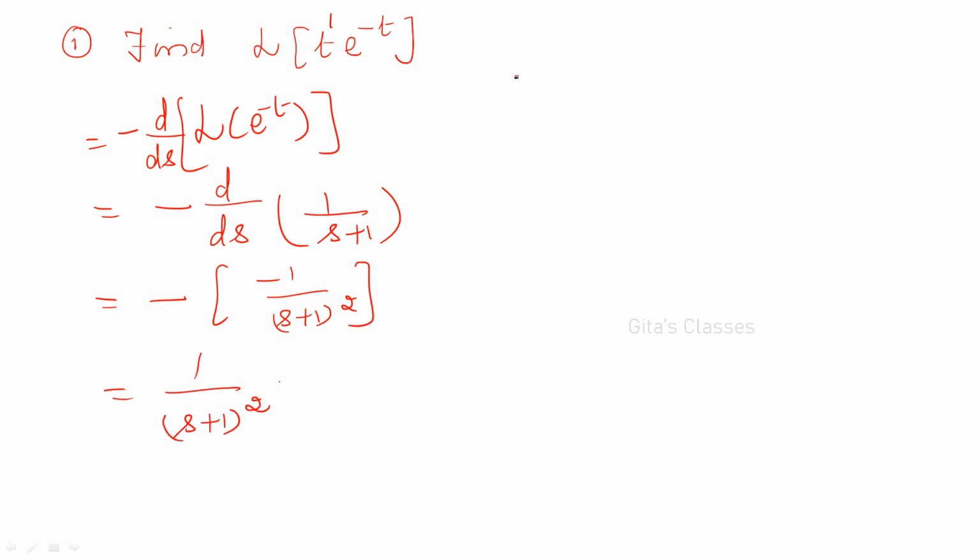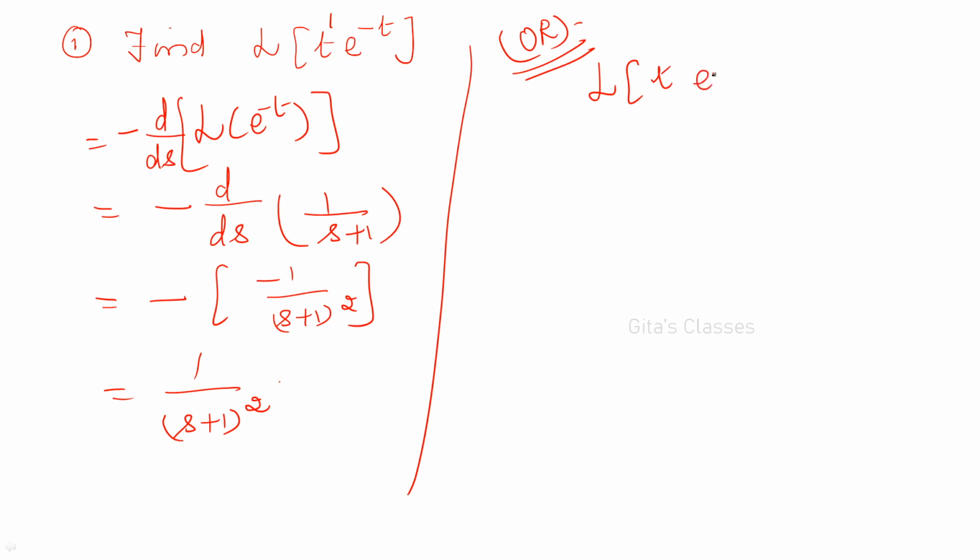The same problem you can do by applying the first shifting theorem also. This is another method. Either you can use this t power n or e power minus at, whichever you feel easier. So L of t, without e power minus t, you have to find out, in which s should be replaced by s plus 1.